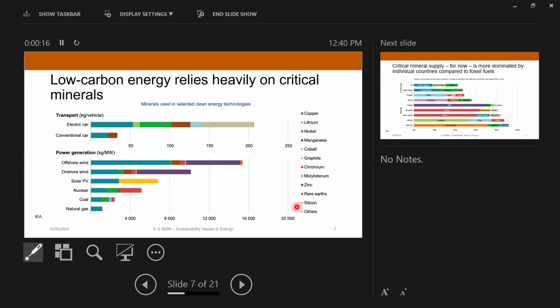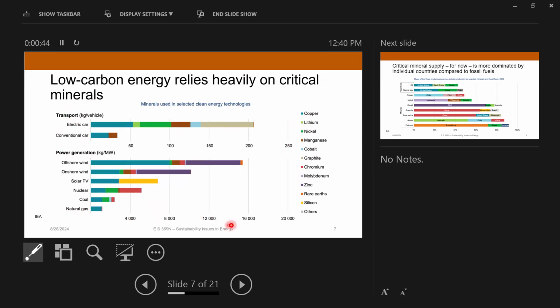I think the US Department of Energy defines something like 50 of these, and these are just the most important. What we're looking at here is, for different types of transportation or electricity generation, how much of each of these critical minerals is used.